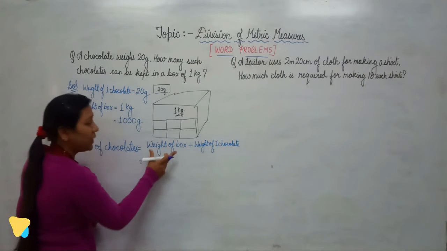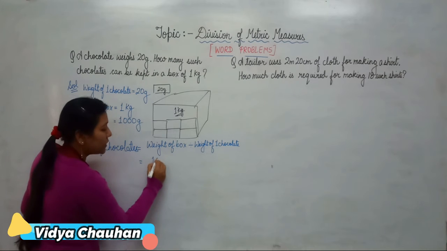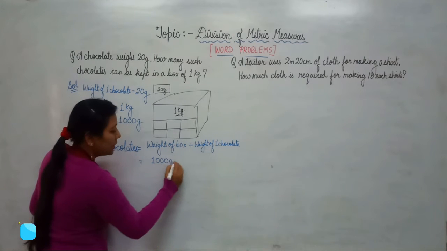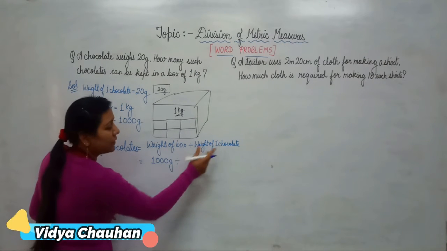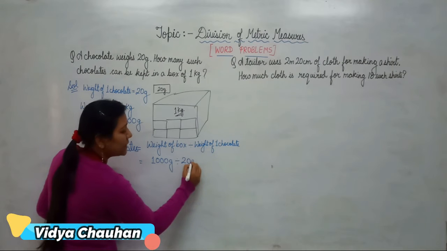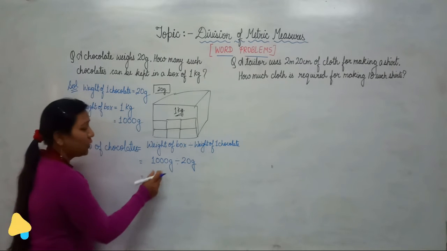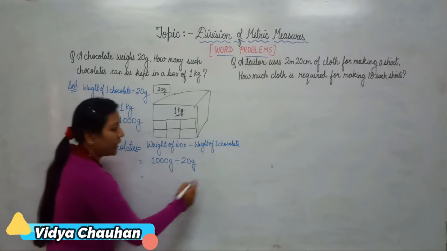What is the weight of the box? 1000 grams divided by the weight of one chocolate, 20 gram. So now you have to divide 1000 by 20.